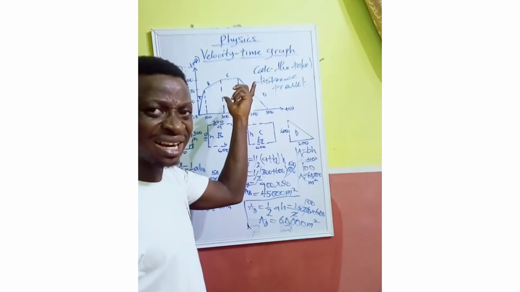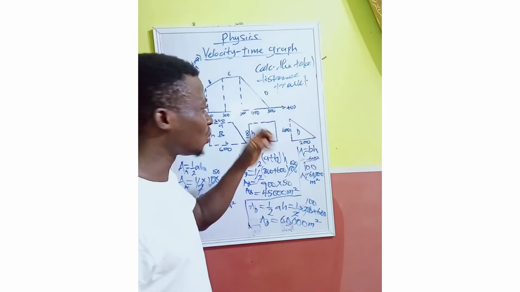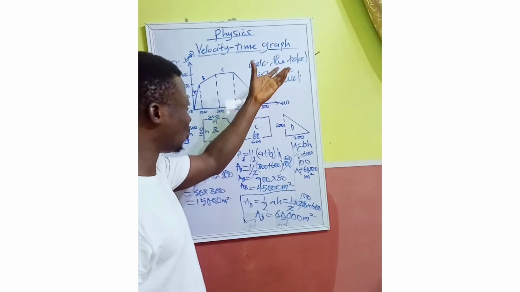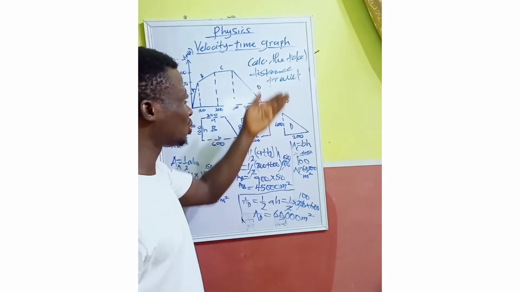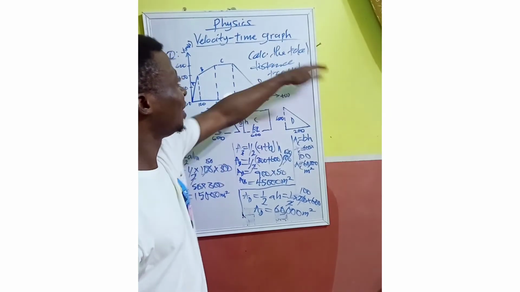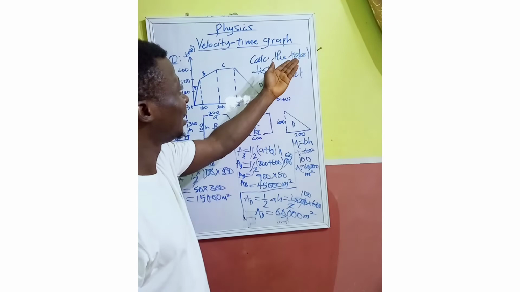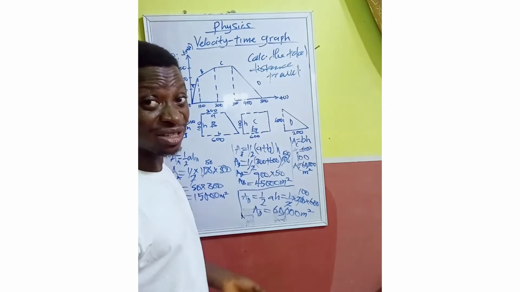Now we've calculated the area of each of the images that we extracted from the velocity time graph given to us. How are we going to calculate what we are asked to calculate, which is the total distance traveled by the object?